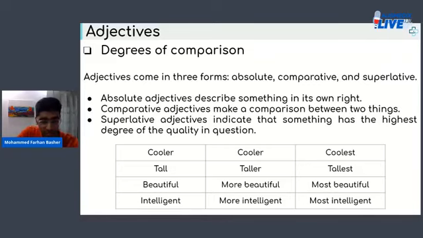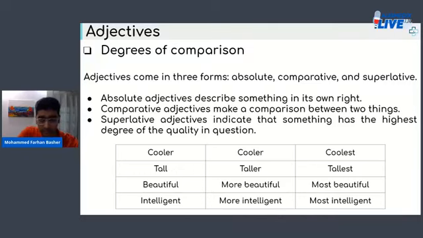Okay. Pardon the mistake over here. I mistakenly wrote cooler twice, but the first was supposed to be cool, and then you have cooler, and then you have coolest. Tall, taller, tallest. Beautiful, more beautiful, most beautiful. Intelligent, more intelligent, most intelligent.